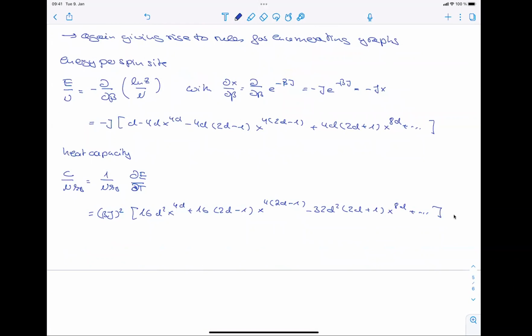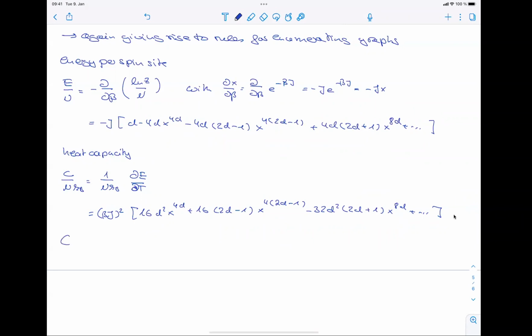As I said, I don't really care. What you should take from here is that we can do these calculations, and it looks very tedious, and I have no intention of you doing this in big detail. But the essence is, if I really want to, I can go up to higher and higher order.